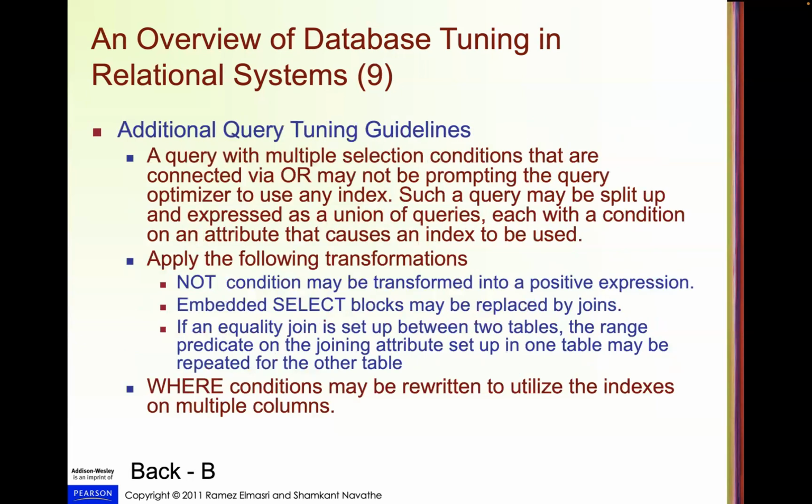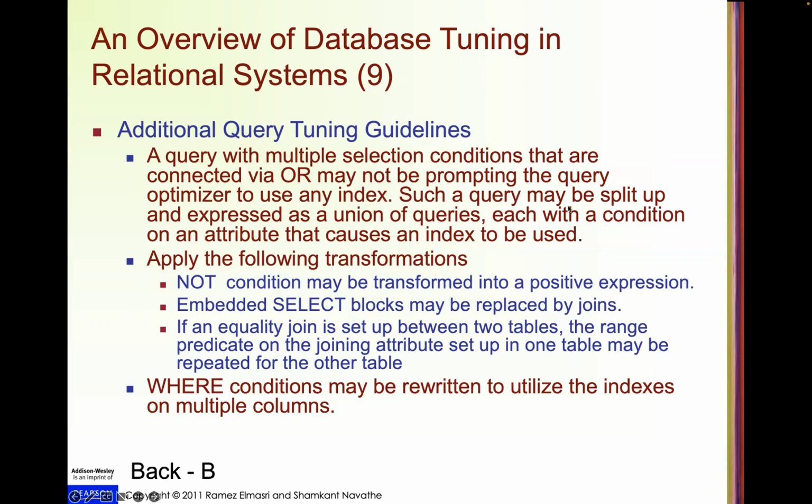Okay. Now, what are the additional query tuning guidelines? Query tuning guidelines, there are three. A query with multiple selection conditions that are connected by using OR may not prompt the query optimizer to use any index.